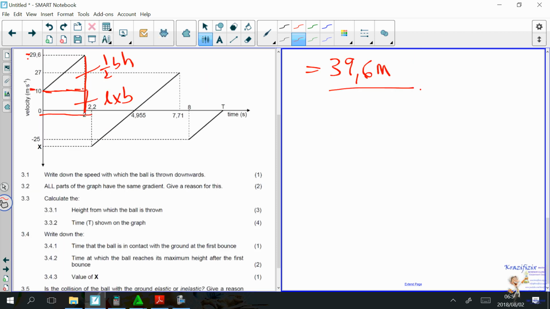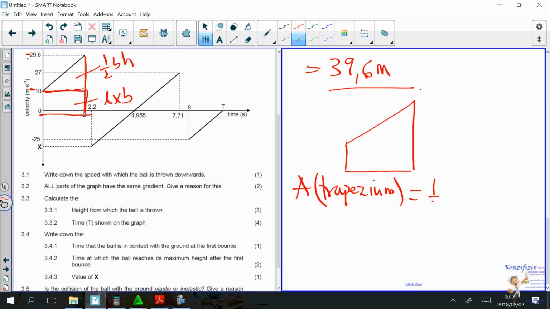Guys, we do have a trapezium there. Let me cut this. If you are such a mathematics genius, you should know that the area of a trapezium, if you know your mathematics very well, is equal to half, because it's a combination of the two, and the breadth is common.